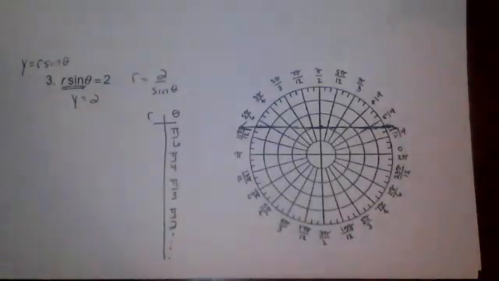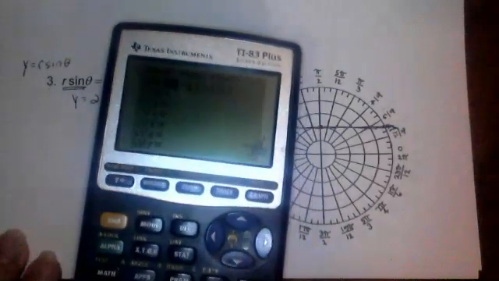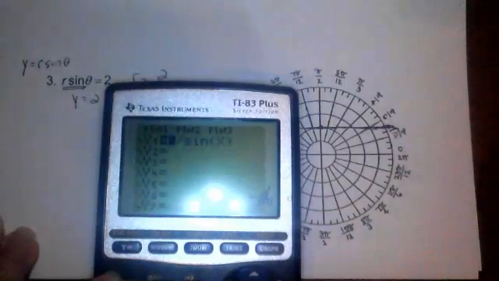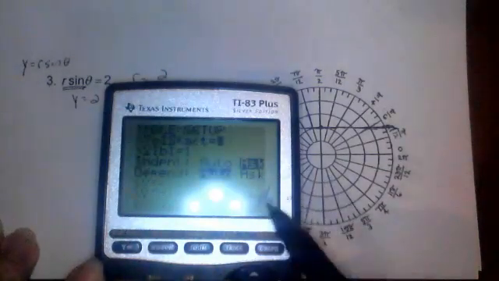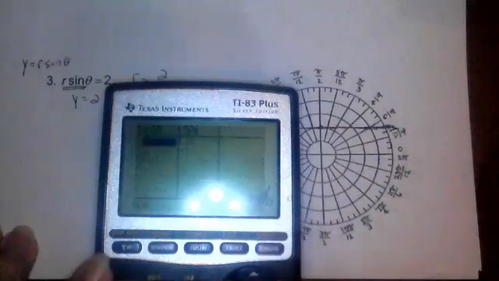Probably the easiest way to get these pretty quickly without having to retype it over and over again is to put this equation, 2 divided by sine x, into y equals. I'm going to go to my second window, table setup, and put it on ask. And then I will go to my table.